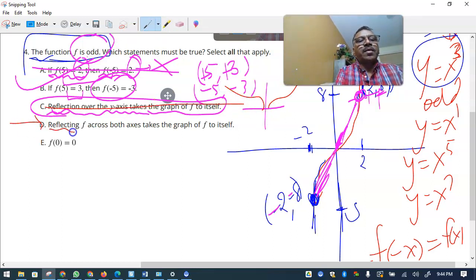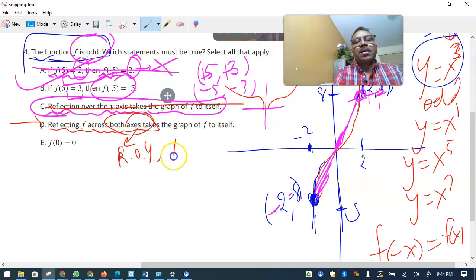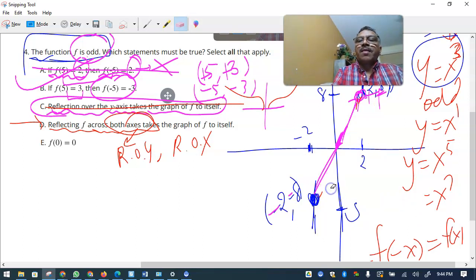What about the next one? Reflecting f over both axes. The meaning is you reflect over y and then reflect over x, and yeah, that's true. You can see this graph which I have graphed here.